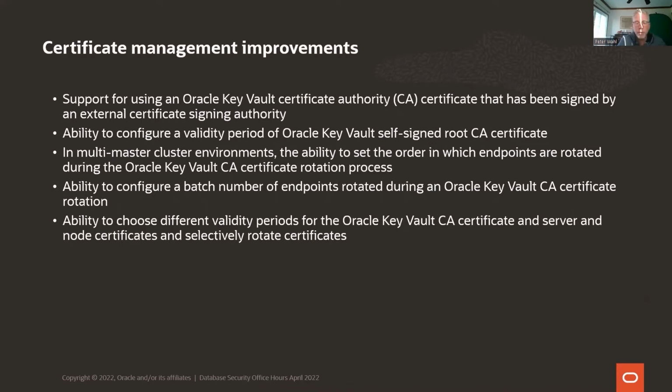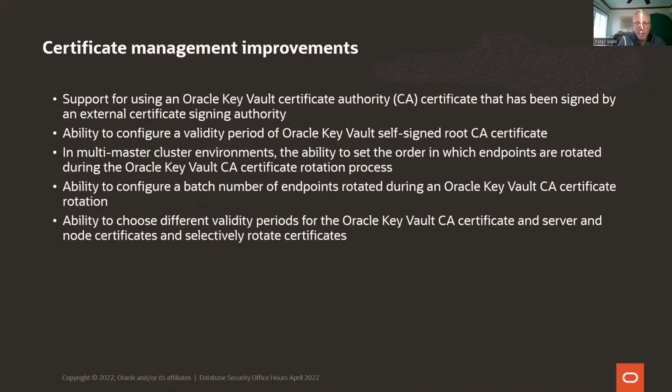So we also improved our certificate management inside OKV. So one is that you can replace the self-signed certificates inside OKV that we use to protect the connection between OKV nodes and OKV servers and the endpoints, your databases. You can replace this with a certificate that you have signed with your own corporate certificate authority.